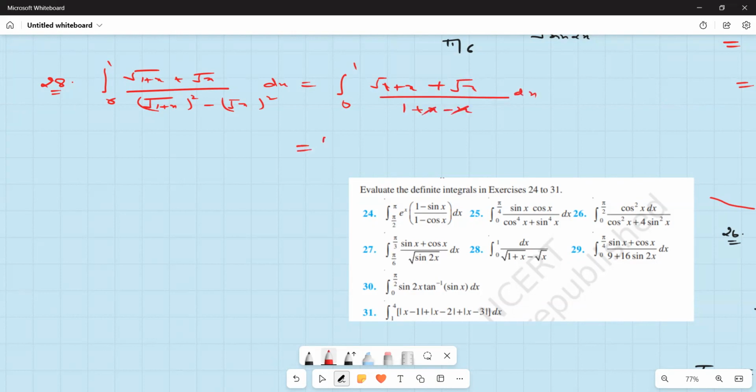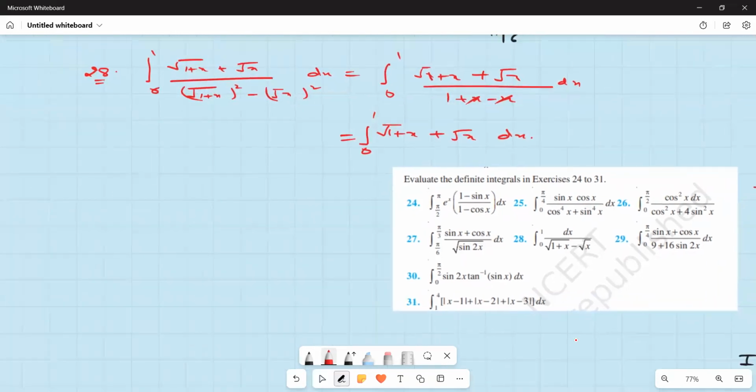So just integrate this 1 plus x and root x. You know how to do this. 1 plus x raised to power 3 by 2 upon 3 by 2, and then put the limits. x to the power 3 by 2 upon 3 by 2, put the upper limit and lower limit as 0.